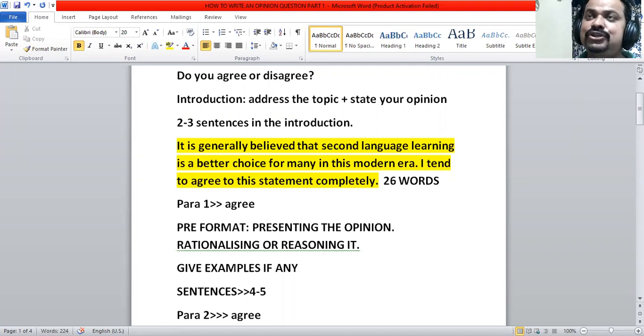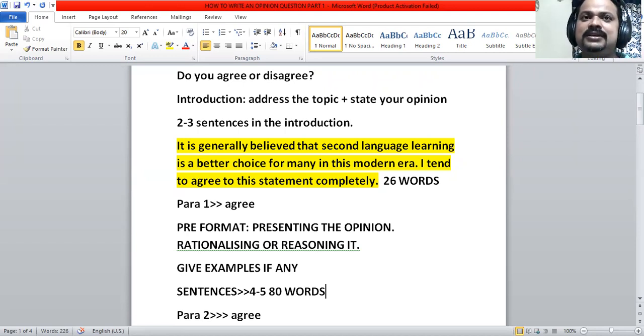So an average of 80 words will be there in the first paragraph. 80 plus 80 plus 80, it's 240 words: 80 in the first paragraph, 80 in the second paragraph, 80 in the third paragraph.